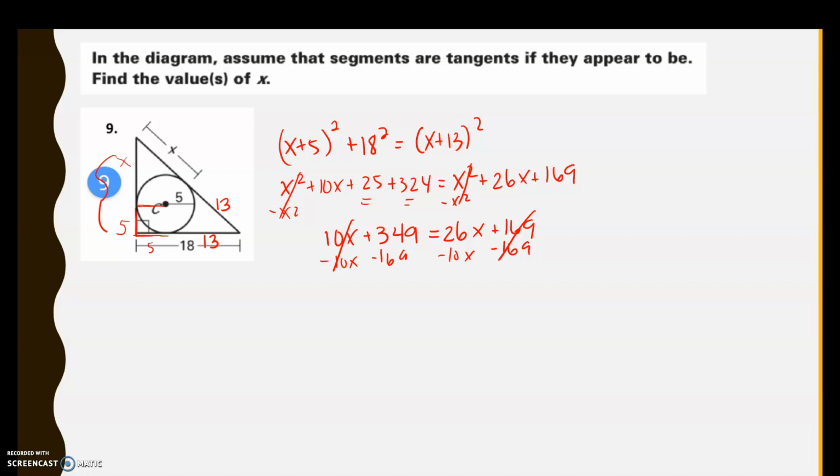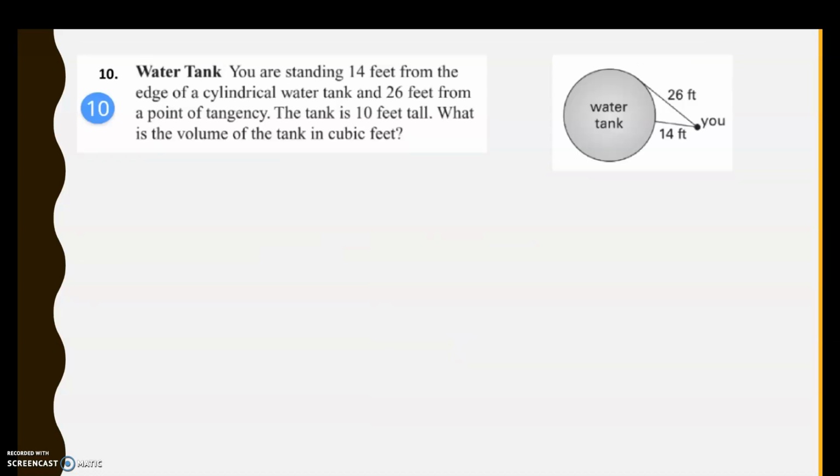So 349 minus 169 is going to leave me with 180, and that is equal to 16x, which means x is equal to 11.25. That's the value of x.